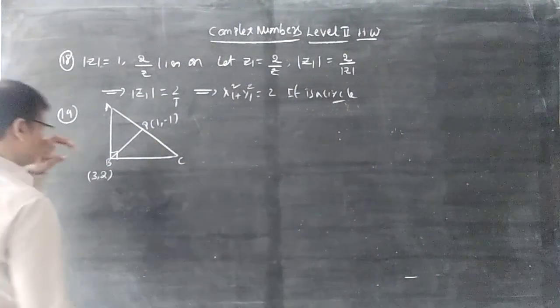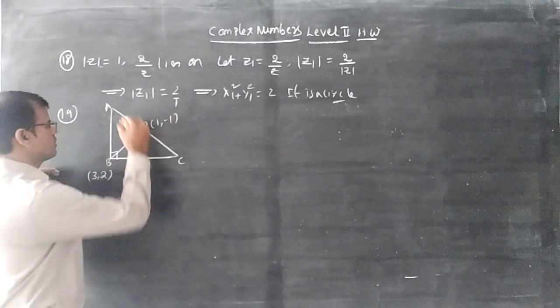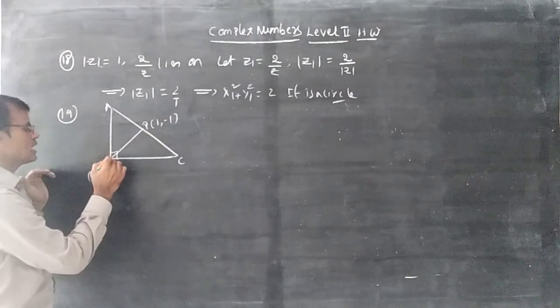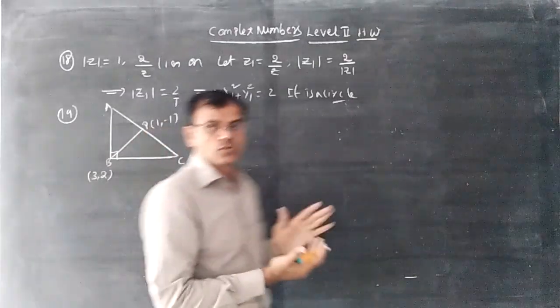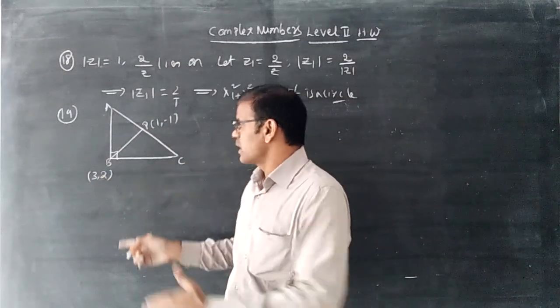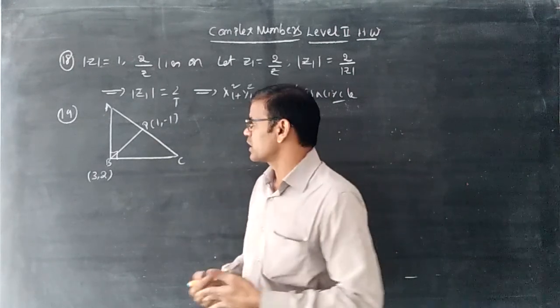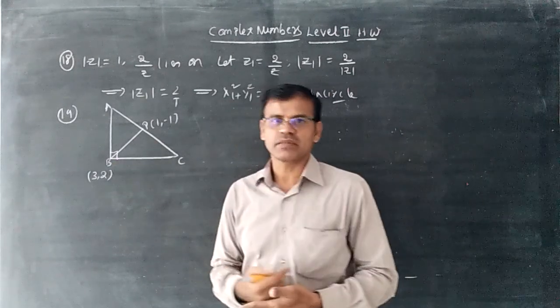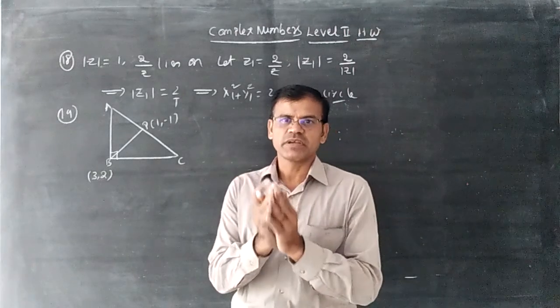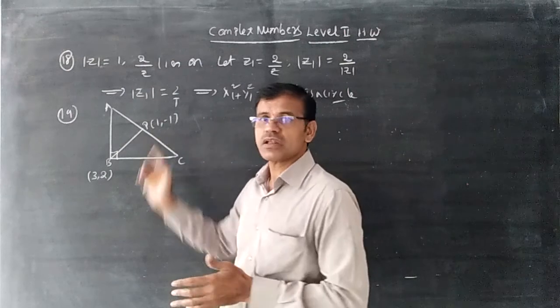The theory of this question is that whenever P is a midpoint, the line which we are drawing from this angle, if the line is intersecting at the midpoint of the opposite side, then you can understand it is nothing but angular bisector. It is bisecting the two equal angles because here these sides are equal.